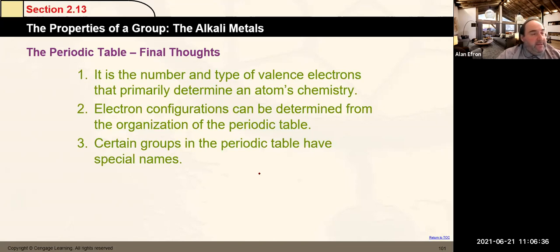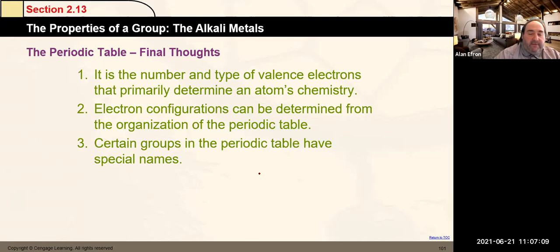It's really those valence electrons, because they're the furthest away from the nucleus and, relatively speaking compared to the core electrons, not held as tightly, that are involved in every aspect of bonding and chemical reactions. Visually, simplifying it, they're the electrons on the outside. So when two atoms come together, it's those outermost electrons that are first going to interact with each other, which is going to cause all kinds of bonding to occur.